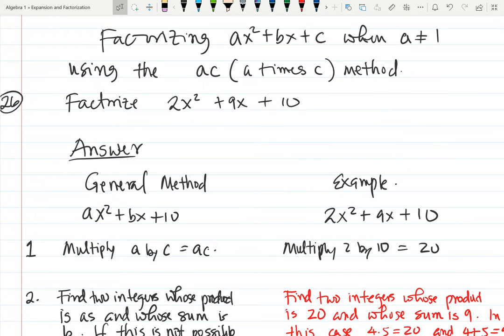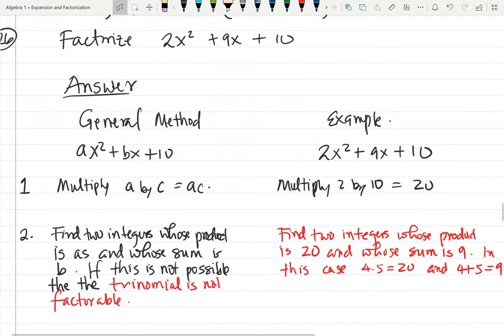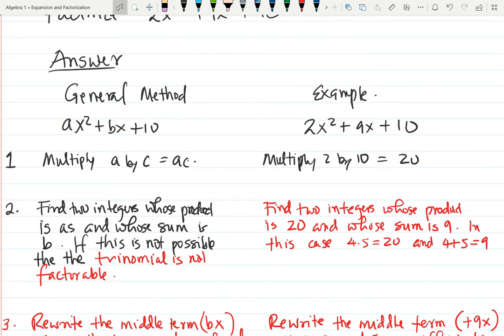This is what you're going to follow. We're going to use the AC method. We take the A, which is the coefficient of your x squared, and multiply by C, the constant term. So we say 2 times 10 is 20. Now we are going to find factors of 20 that will add up to 9.